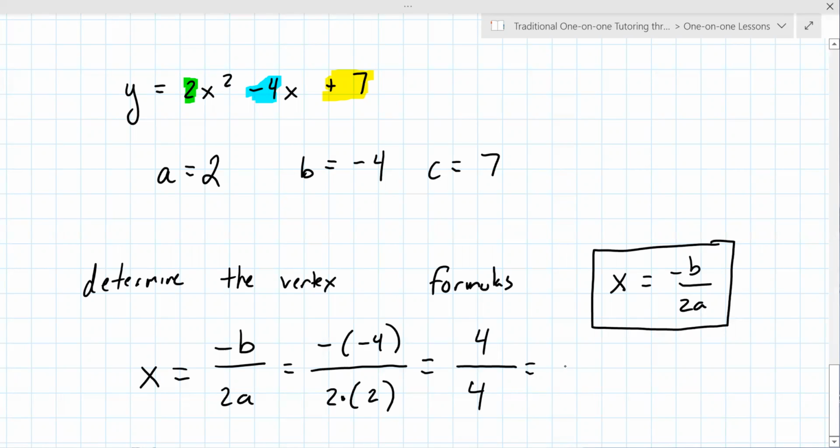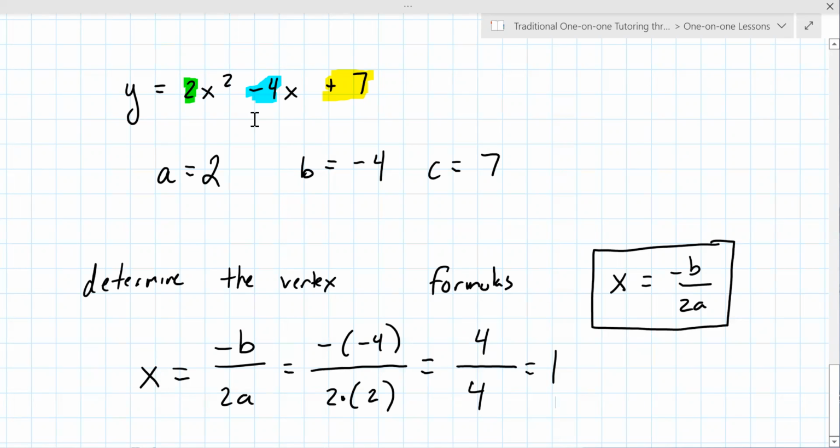Division is like a shared problem. You have four things and 4 friends, so each friend gets 1 thing. Yeah, 1. Good. So the x coordinate of the vertex is 1.